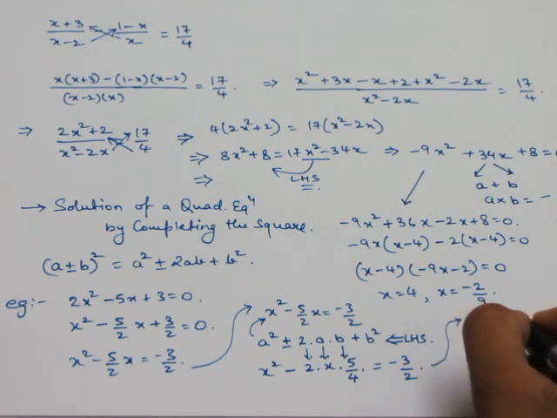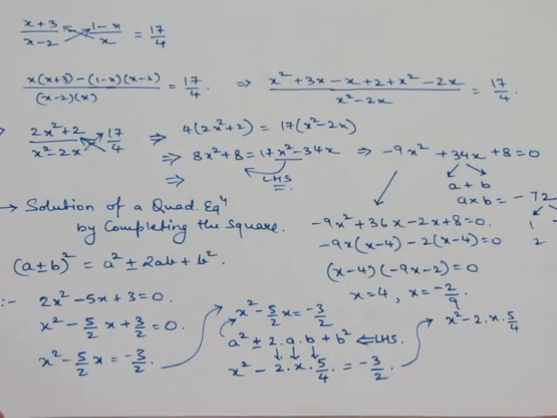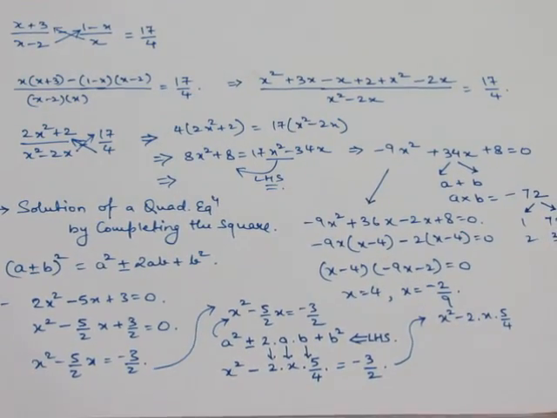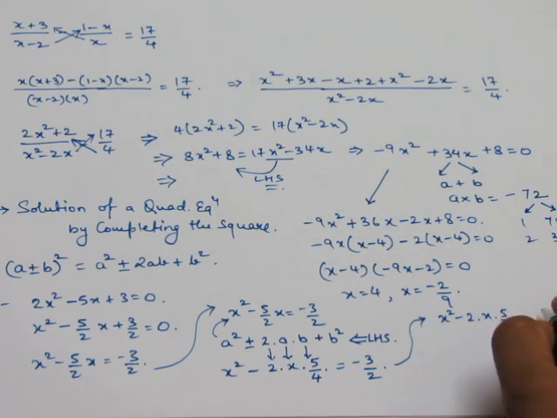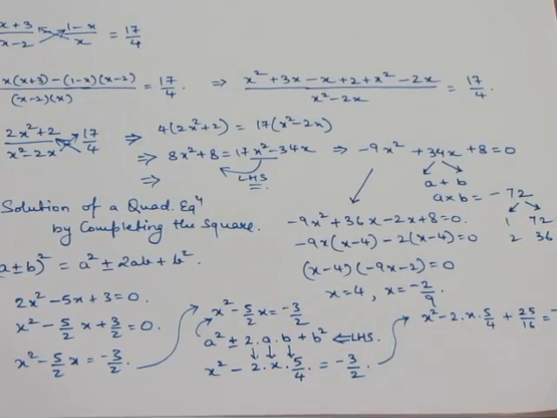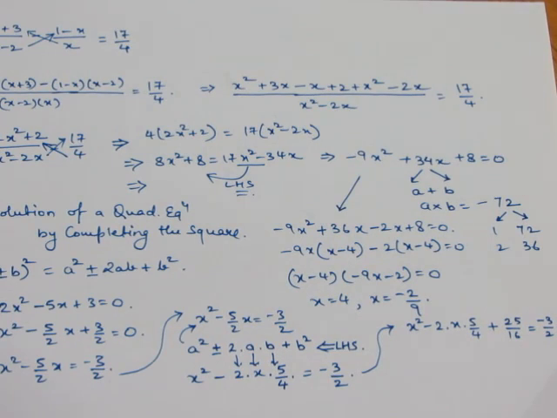So I have x square minus 2 into x into 5 by 4, I'll add 25 by 16, equals minus 3 by 2 plus 25 by 16. Is this clear?